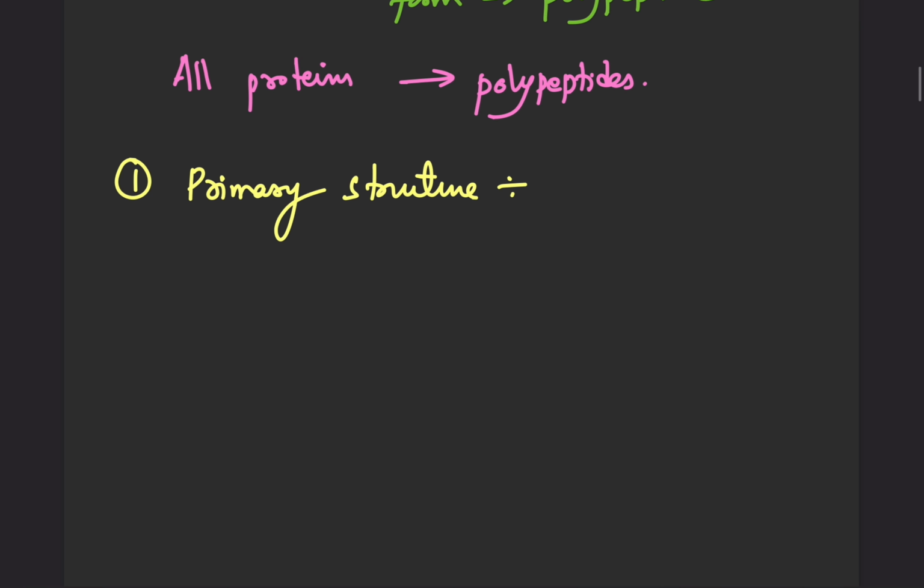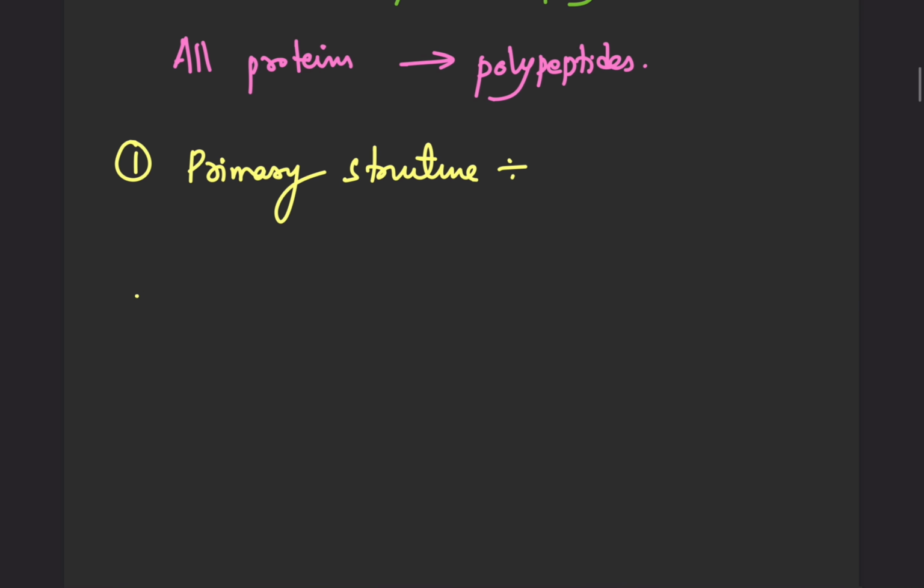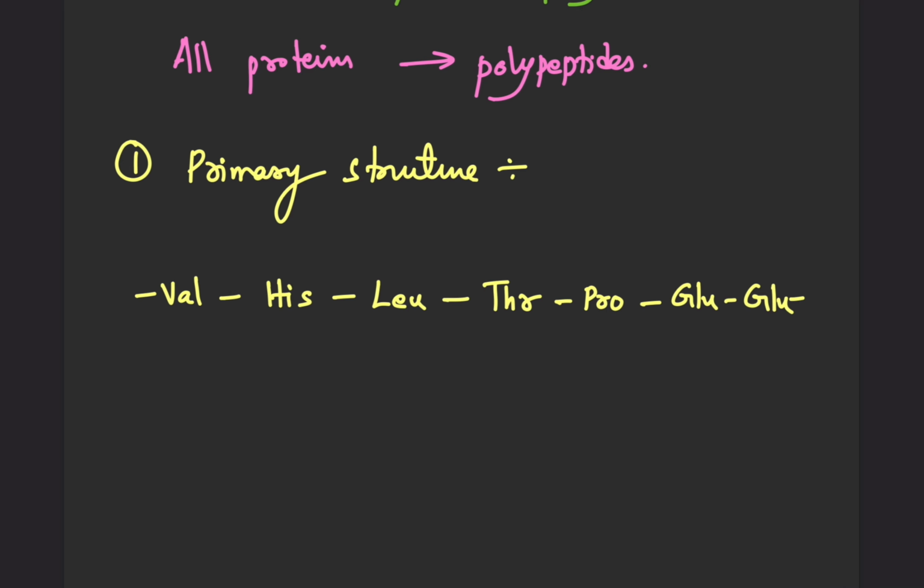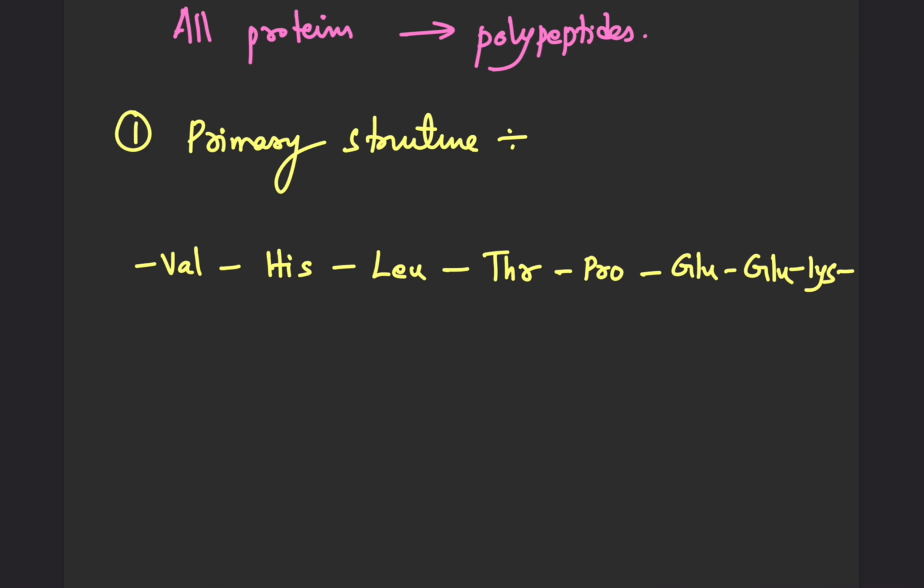Okay, for example, in hemoglobin, a part of the sequence looks like this. So we have valine connected to histidine, connected to leucine, connected to threonine, connected to proline, connected to glutamic acid, which is connected to one more glutamic acid, connected to lysine, and it goes on. Okay, so this is one particular part of the sequence in hemoglobin.